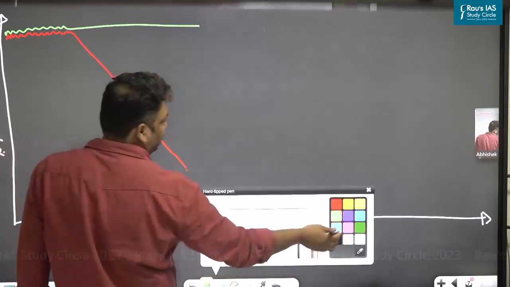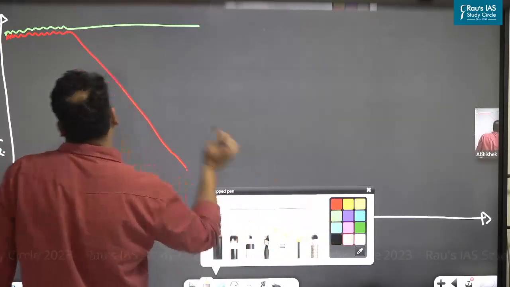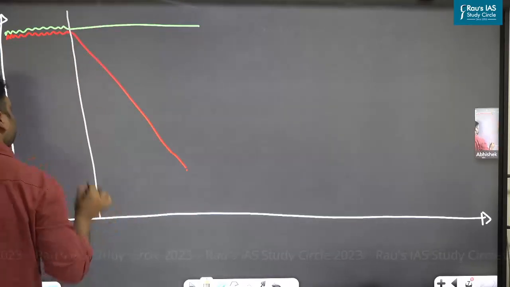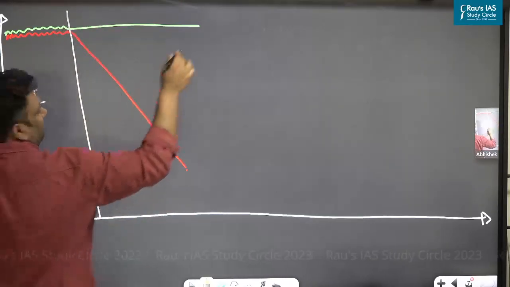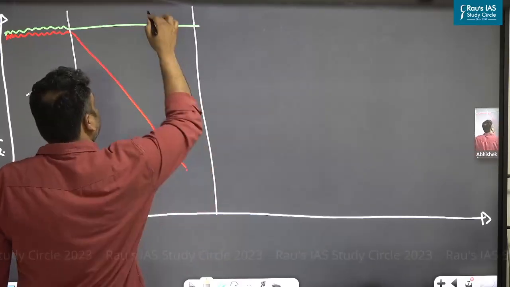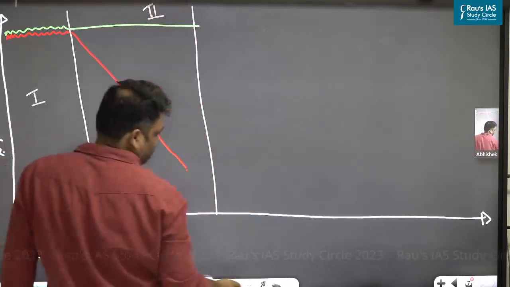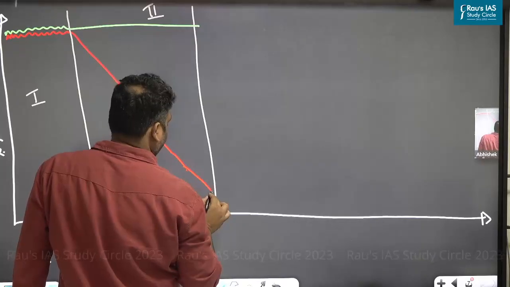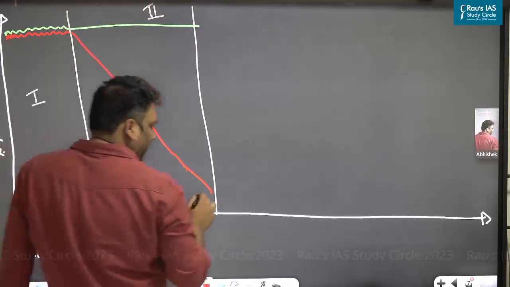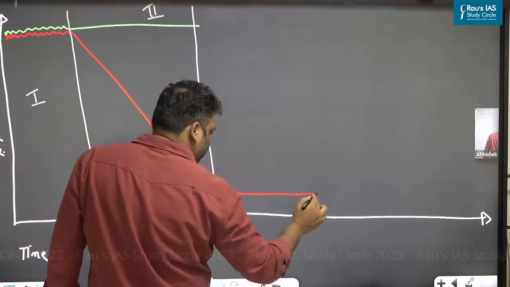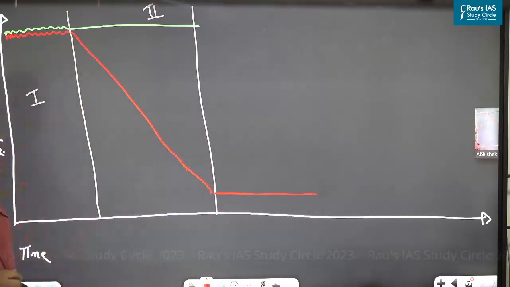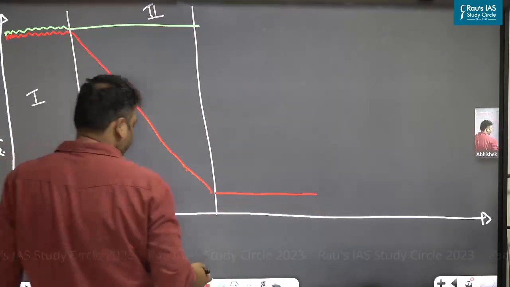So this becomes stage 2. So this is stage 1. This is stage 2. Then death rate has already fallen, it will not fall further. It will get stabilized. Now comes the third stage.